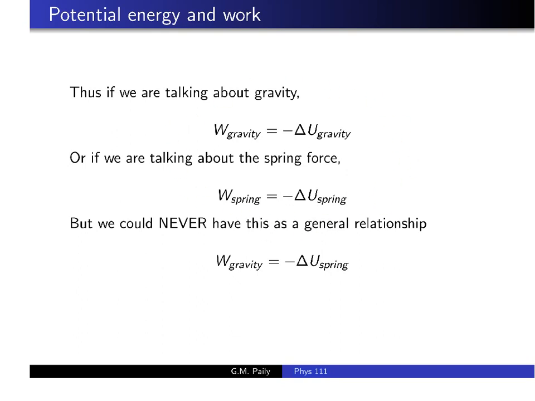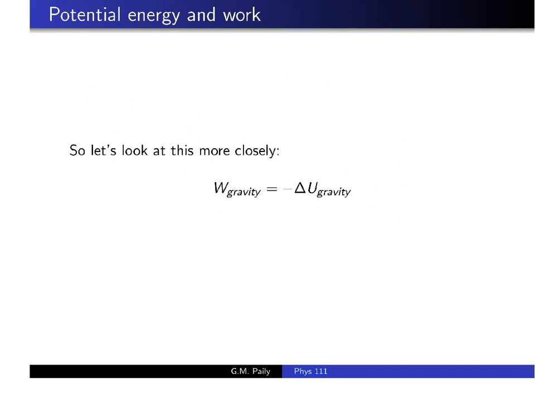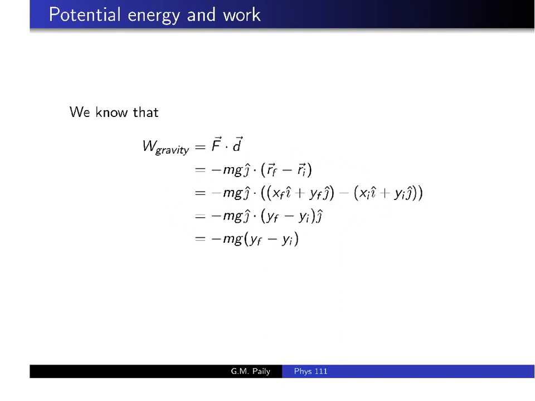Okay, so let's look at this more closely. We know that the work done by gravity, since gravity is a constant force, we can do F dot D. And so we have minus mg j hat, that's the force of gravity, dotted with D, the displacement, so it's final position minus initial position. The final position can be written as x final i hat plus y final j hat, initial position as x initial i hat plus y initial j hat.